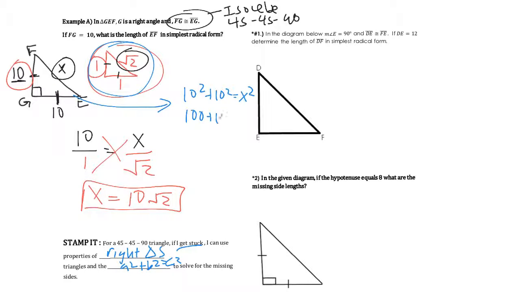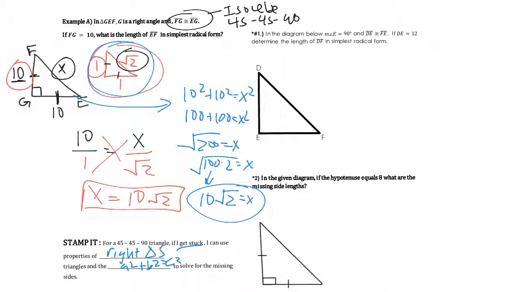It's 100 plus 100 equals x squared. So x equals the square root of 200, which is 100 times 2. I could take the square root of 100, that's 10. Can't take the square root of 2, so I leave it. So it's just more work, but you still get there. I think this part is easier. So if you use that rule triangle, it helps you every time. If not, you could definitely use the Pythagorean theorem.